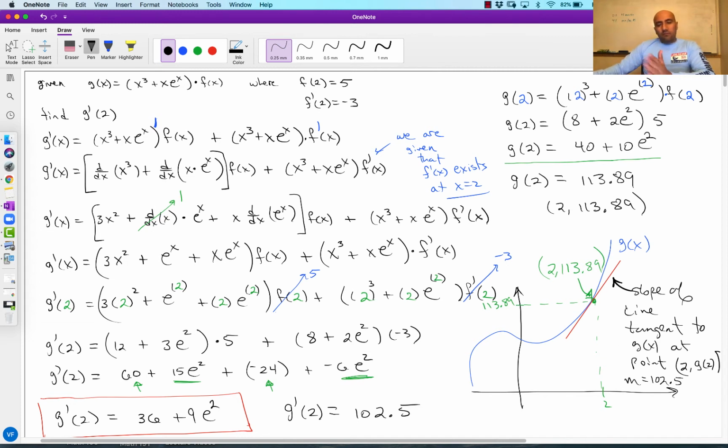Okay, so it would be much steeper, right? If the slope is 102.5, it would be a very steep positive slope, but you know, this picture gives you some sense, right? So this 102.5 is the slope of the line tangent to the function g of x at x equals 2.